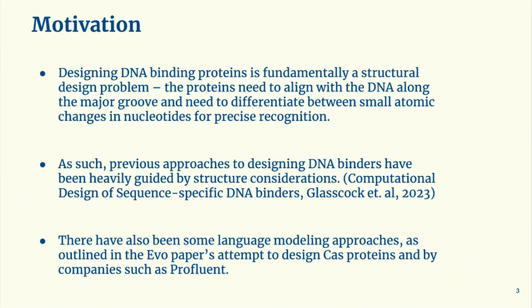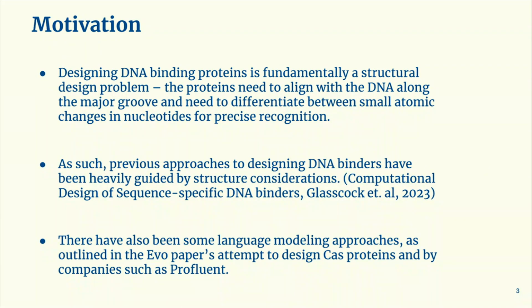As such, previous approaches to designing DNA binders have been heavily structure guided, such as the listed paper from Glasscock, from David Baker's group, which tried designing particular scaffolds that would sit well around the major groove, a very specific kind of scaffold called an HTH scaffold, basically like a forearm that sits around the DNA.